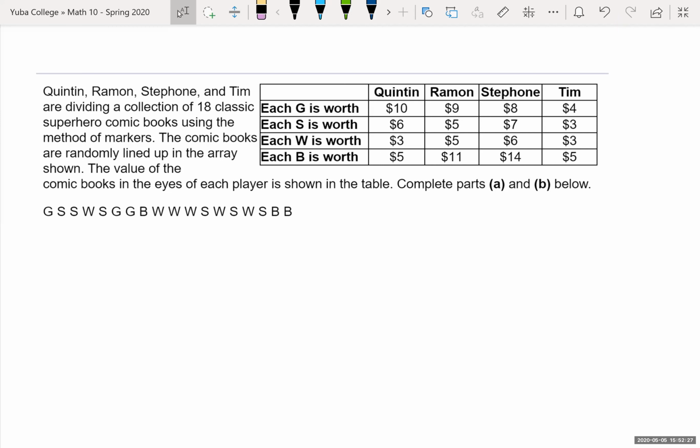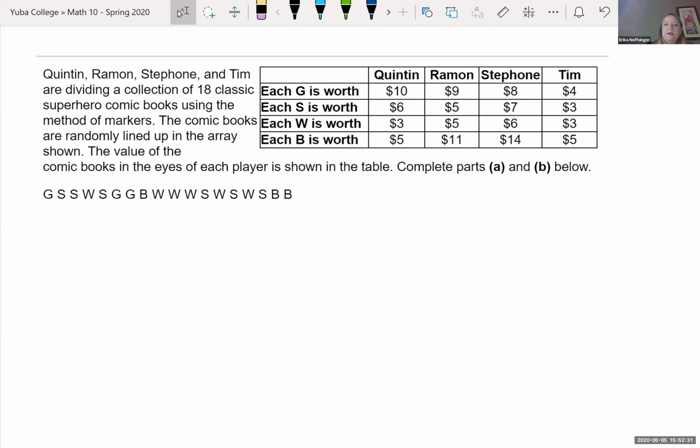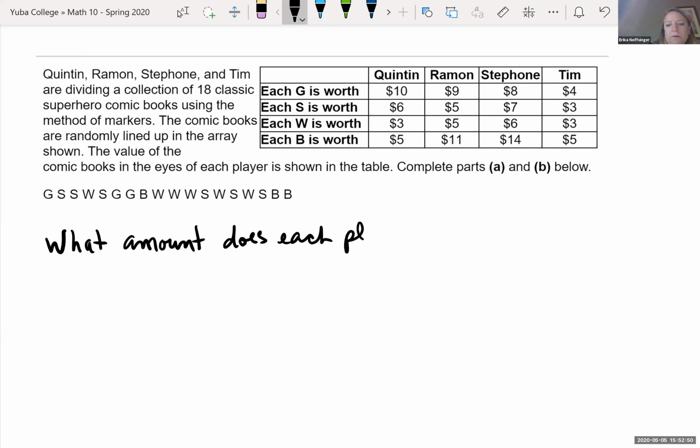Okay, so let's look at what is a fair share. What amount does each player believe is a fair share?